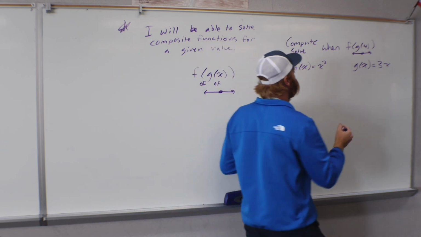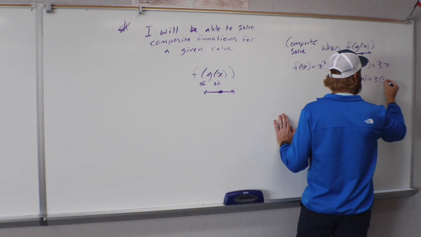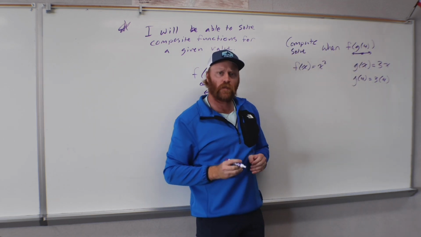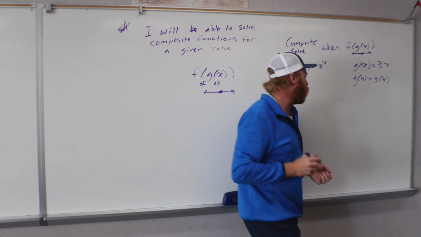So we're going to plug that 4 into our g, so we'd have g of 4 equals 3 times 4. Now, when you're working through these functions, a lot of times this is when our math book will talk about inputs and outputs.